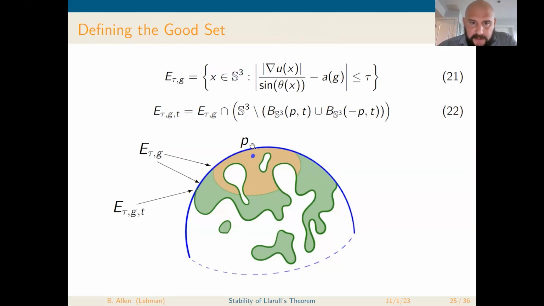Because all these PDEs and inequalities become unbounded or singular near P and negative P, we're going to remove two balls of radius T from the poles. So our new good set will be the same good set as before, but with sets removed around the poles. That will come up again later on.